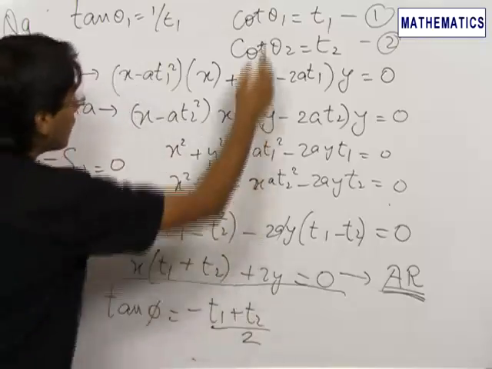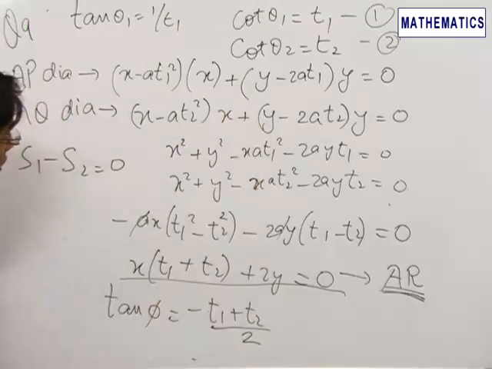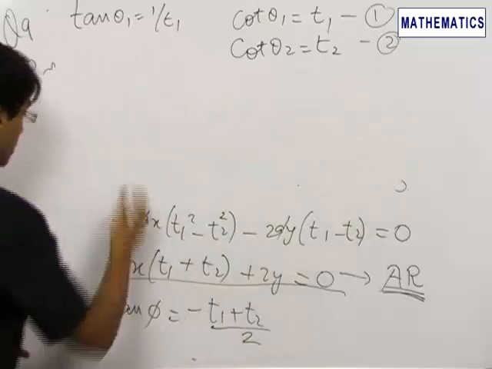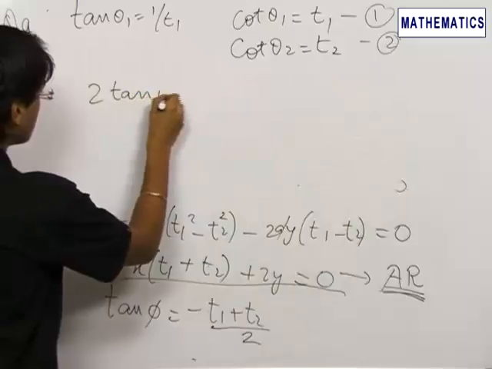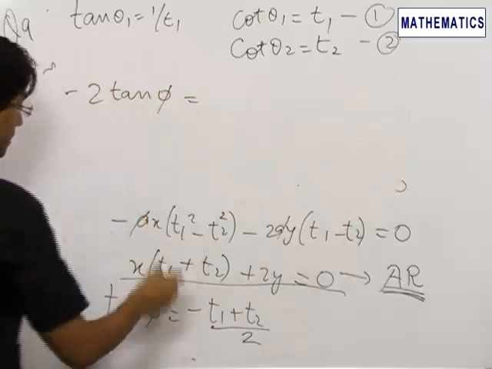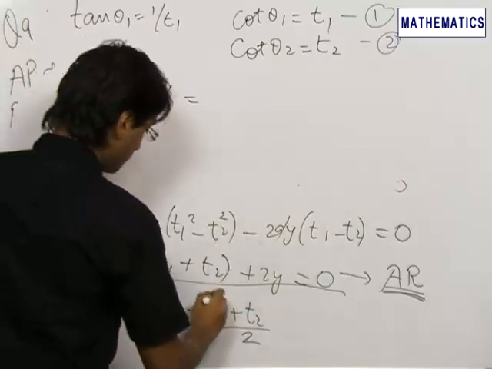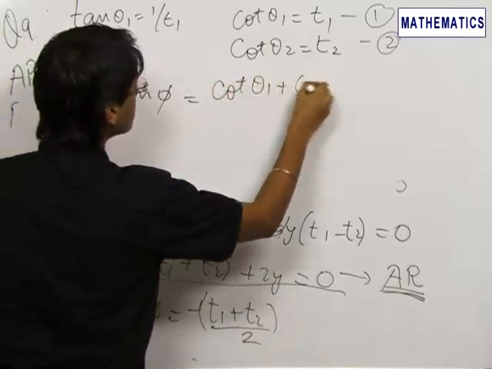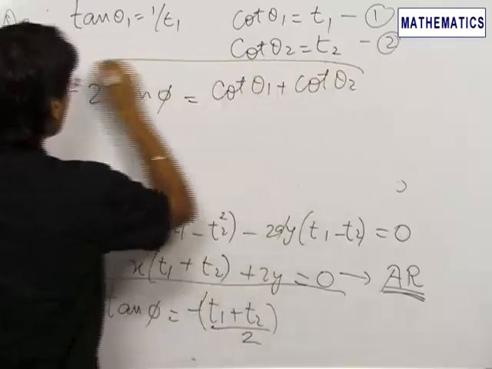On putting the value of t1 as cot theta 1 and the value of t2 as cot theta 2, we can get the desired relation: minus 2 tan phi is equal to t1 plus t2, which is cot theta 1 plus cot theta 2.